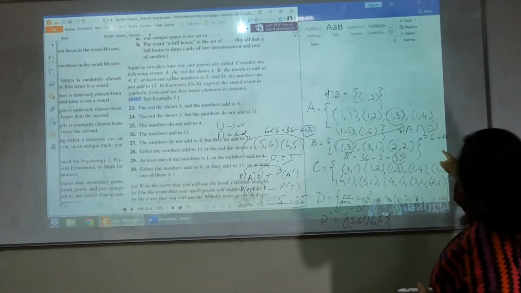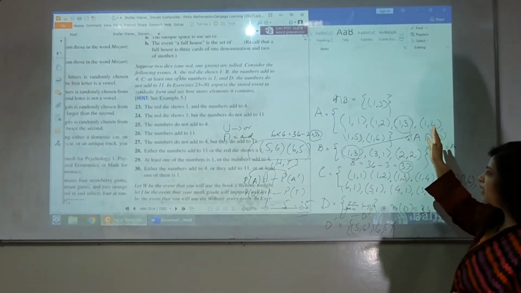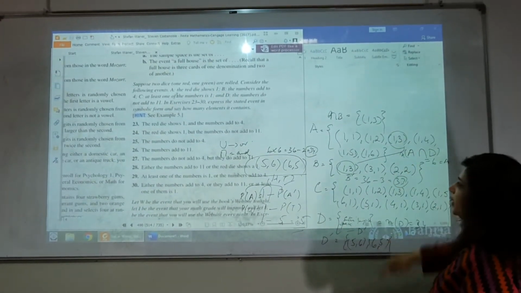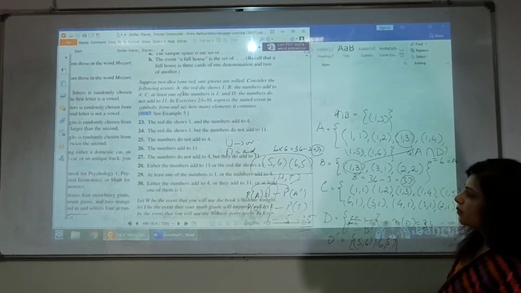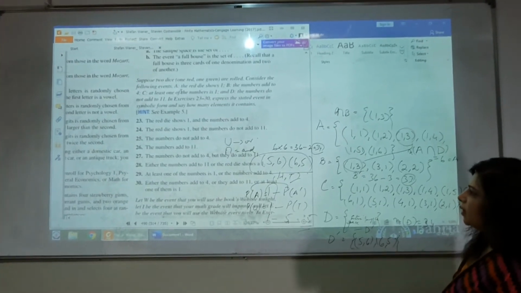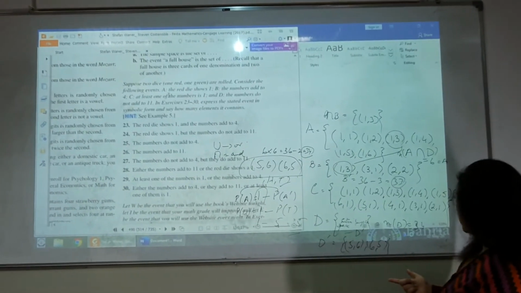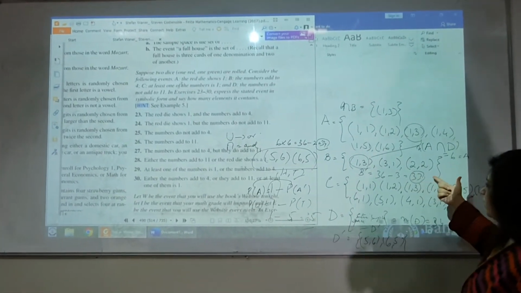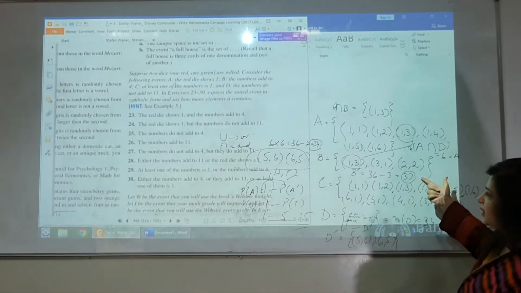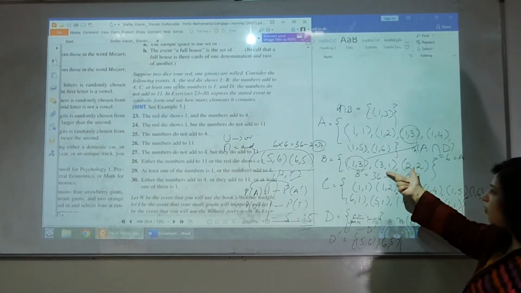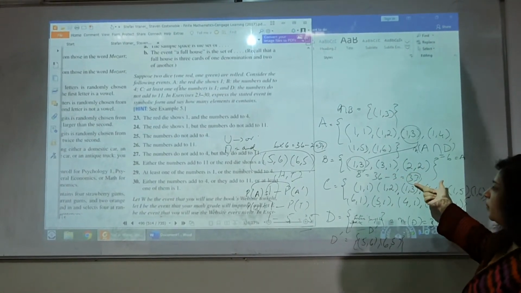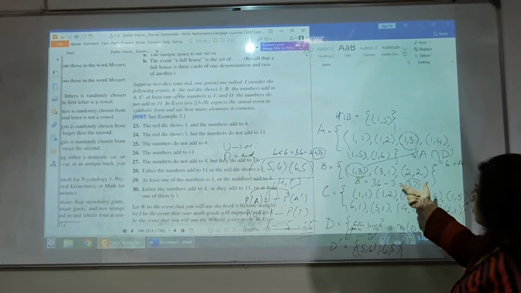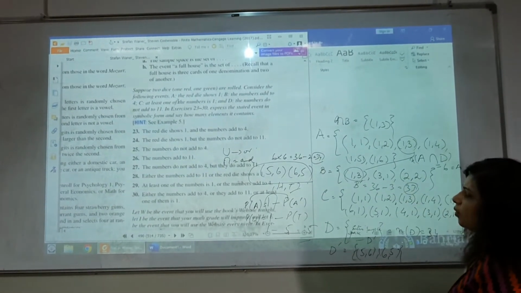So in this case, I can have all the 6 possibilities because they are not equal to 11 and they are all available in A. So part 25 is about not adding to 4. I think I've already found that by chance. You see, this is adding to 4. So if something is not adding to 4, it will be the complement. 36 for the total possibilities minus the B portion would give you B complement.